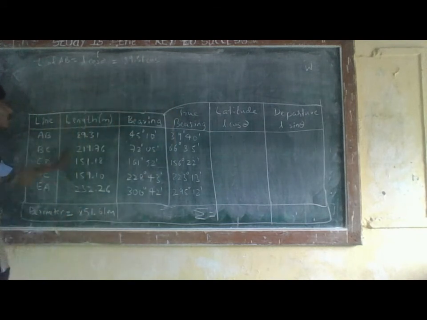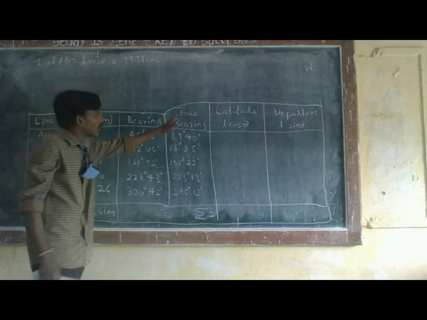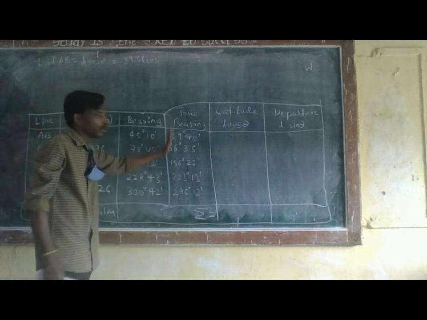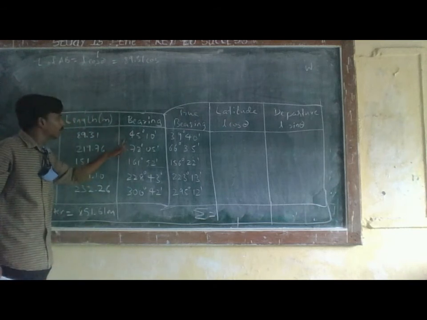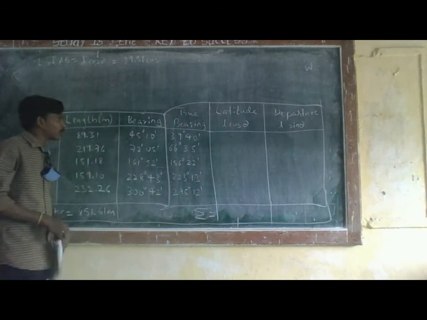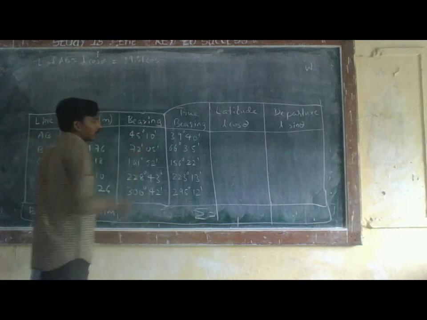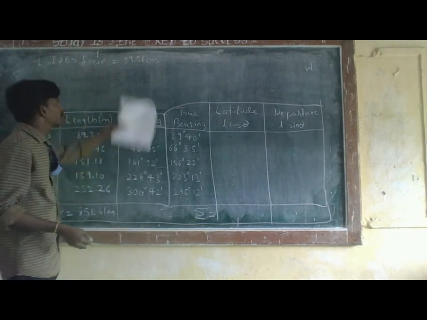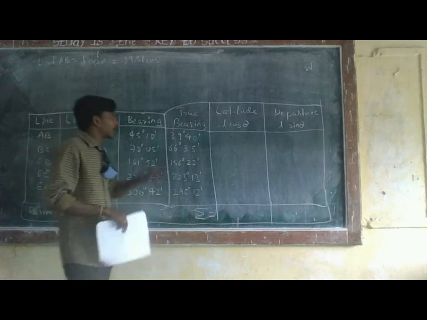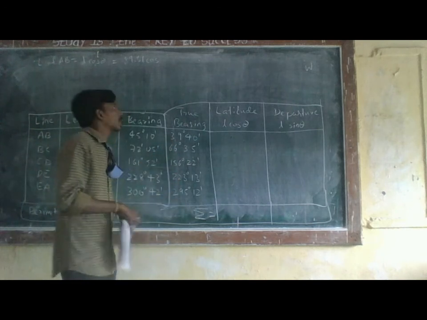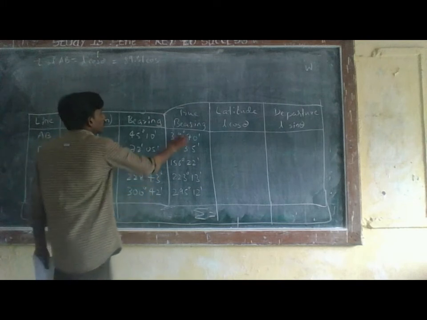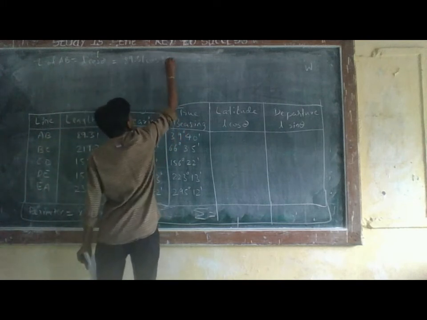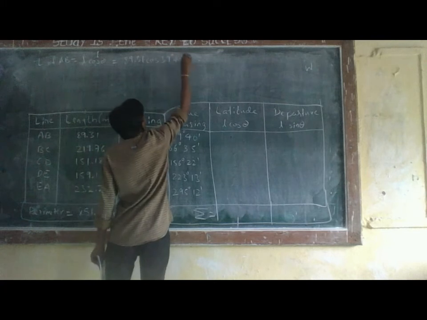Now you have to take theta from the true bearing. Please don't take the magnetic bearing as theta, because these are magnetic bearings. We have to take the true bearings in the calculation. So take these values which you have calculated. The true bearing for AB is 39 degrees 40 minutes, so substitute 39 degrees 40 minutes.